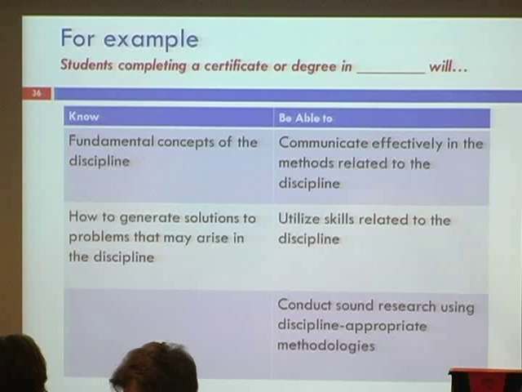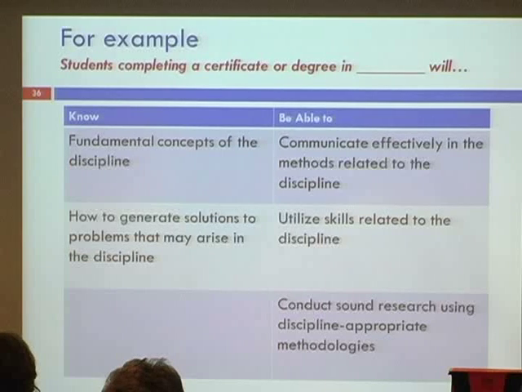So here we go. Students completing a certificate or degree in, so put in the name of your degree or certificate, will. Okay, so I'm going to say students completing a certificate or degree in accounting, since I'm chair of the business department, will. So let's go to the left-hand side first, will know.